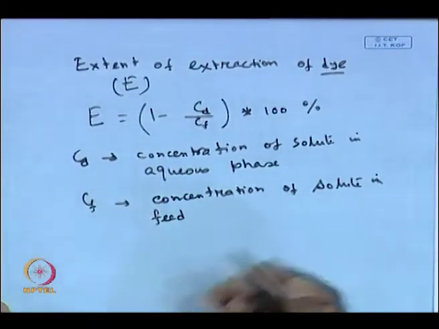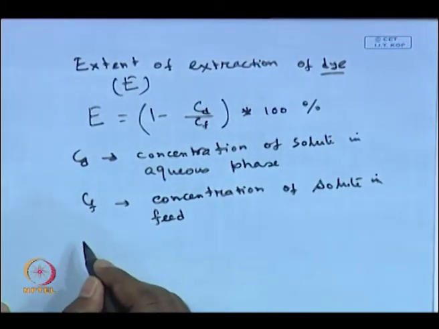Now, also during cloud point extraction, as we have mentioned, the volume of the quasi-rapid phase will be much lower compared to the initial volume, because the mechanism of cloud point extraction is the removal or repulsion of water from the outside layer of the ethoxy groups of the micelles. So, it will be dehydrated, and most of the micelles will come into the quasi-rapid phase, reducing its volume drastically.